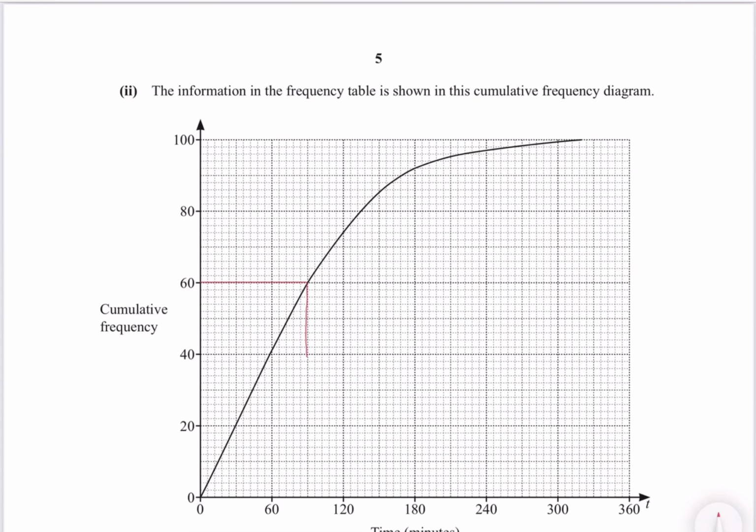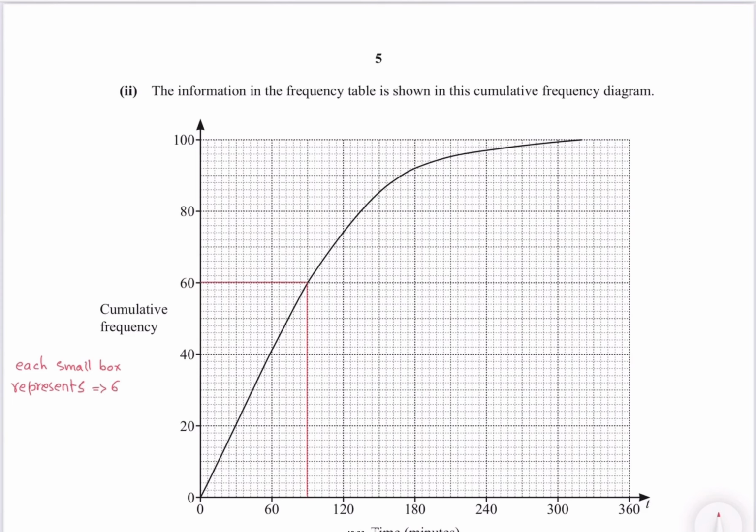So you get, this is, actually, you have to find out what each block represents. So each small box represents 6 units. How?